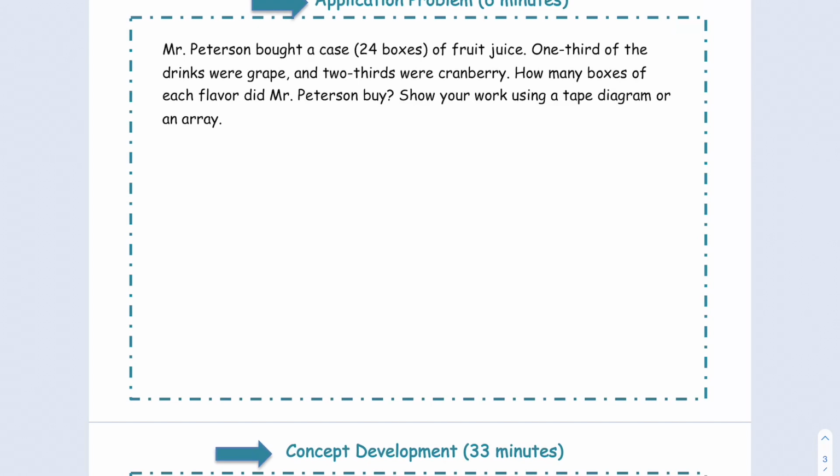So let's talk about the numbers in the problem first of all. We've got 24 boxes, and then we've got 1/3, and we've got 2/3. Okay, so the thing we need to know is what 1/3 of 24 is, and this actually is leading right into our lesson.